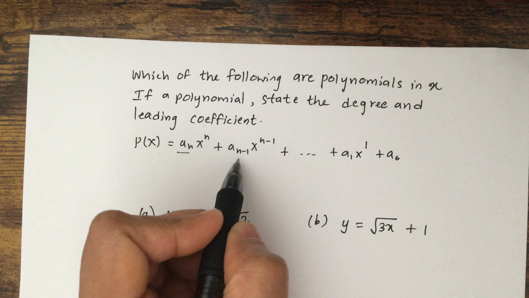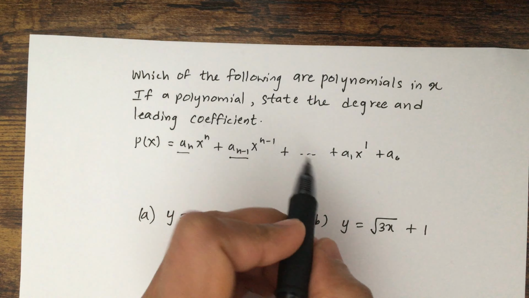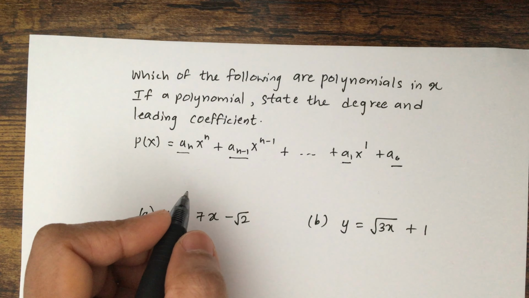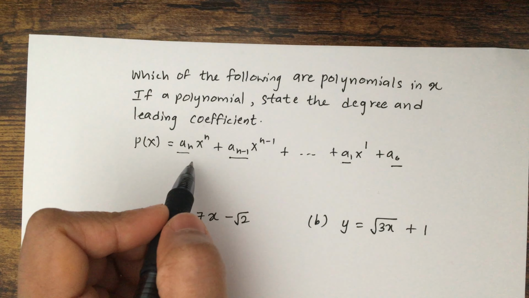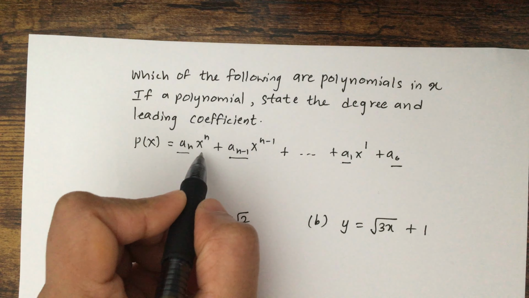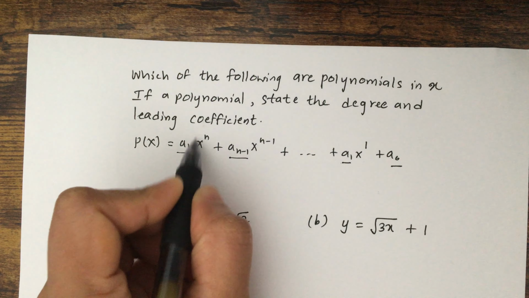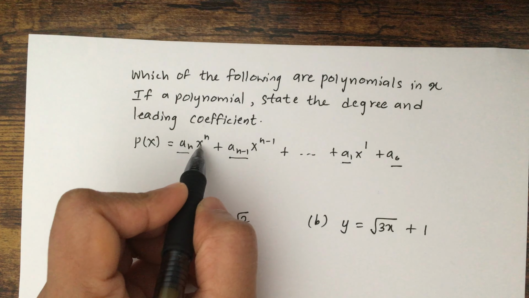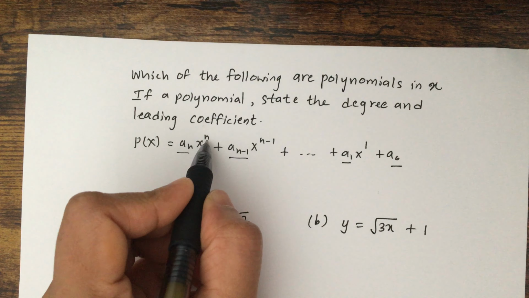So a_n, a_(n-1), these are constants, right? And what can you say about the degree? To find the degree, you have to look at the leading coefficient. So this term is the highest term because it's to the power n, right? This is the highest power.